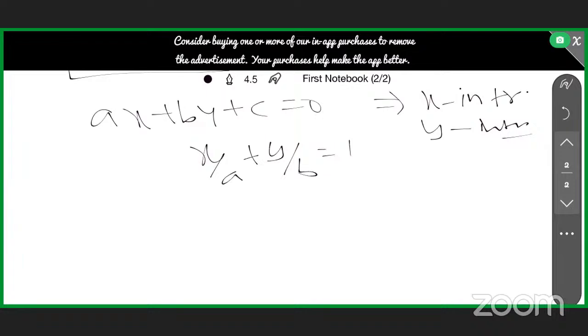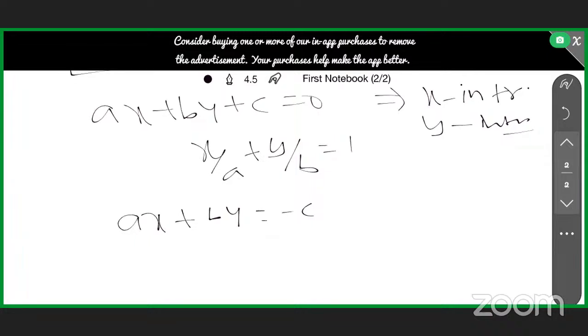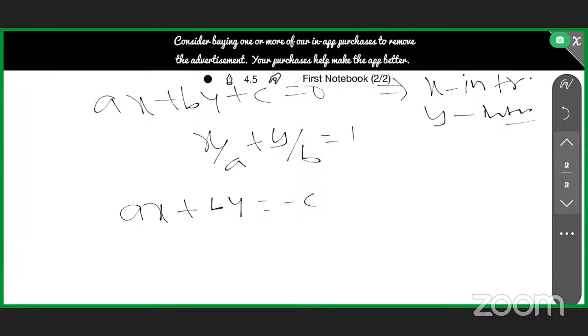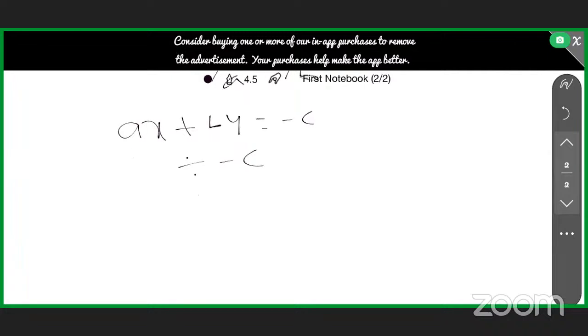So I'll keep my x and y terms on the left hand side and send all the others to the right hand side. This becomes ax plus by is equal to minus c. I want this side to become 1, so divide throughout by minus c. It becomes ax by minus c plus by by minus c is equal to 1.